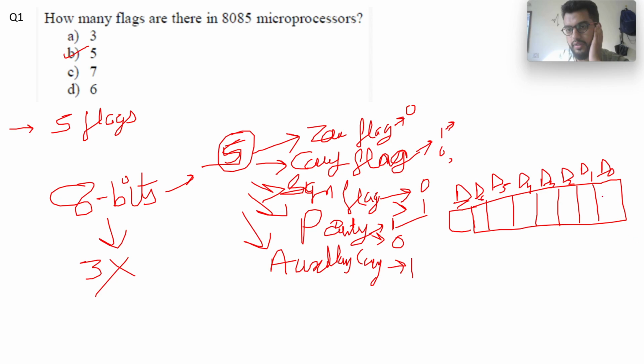So here is your carry, here is your parity, here is your auxiliary carry, here is your zero flag, and here is your sign flag, right?